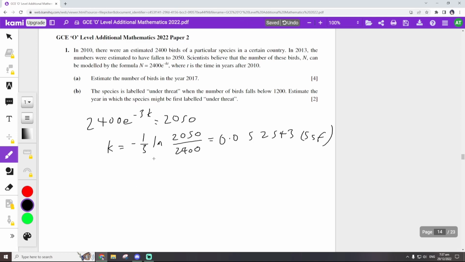Okay, and then how many birds are there in the year 2017? You just put t equals 7. So in 2017, n equals 2400 e power negative 7k, and you'll get to 3SF 1660.